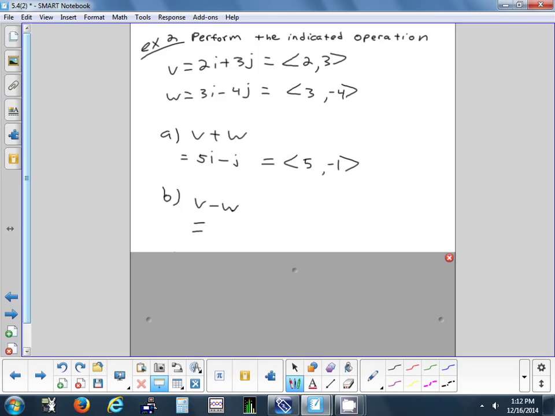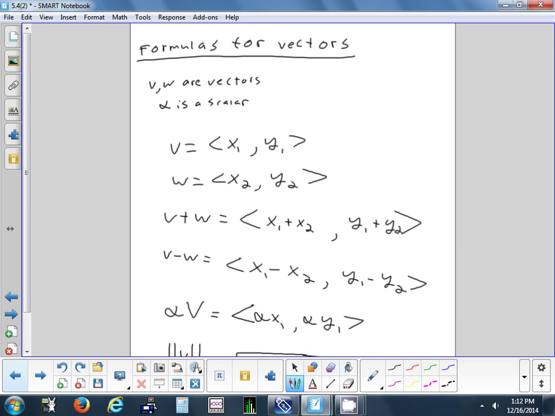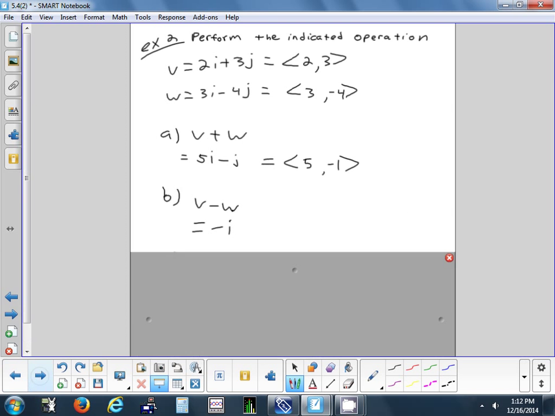Anyone help her out? Would it be negative i? Can you explain that? You do 2i minus 3i. Yeah. So you're just following your formula for subtraction. Take the x components and subtract them, the horizontal. So in this case, the horizontal is 2i, the other one's 3i, and we subtract.